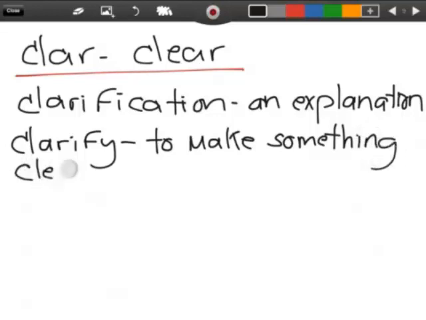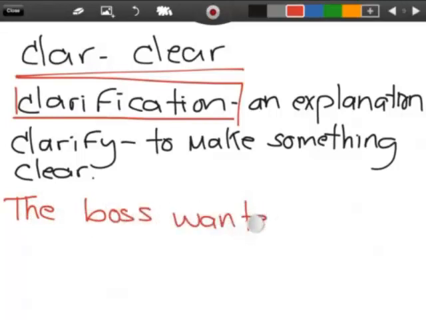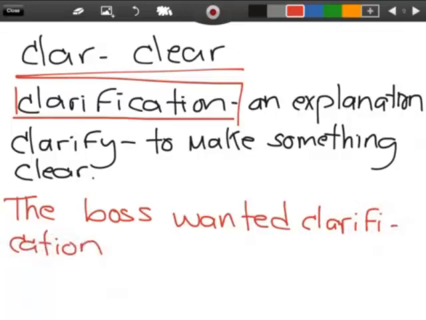I'm going to put that in a box. The boss wanted clarification about the project.